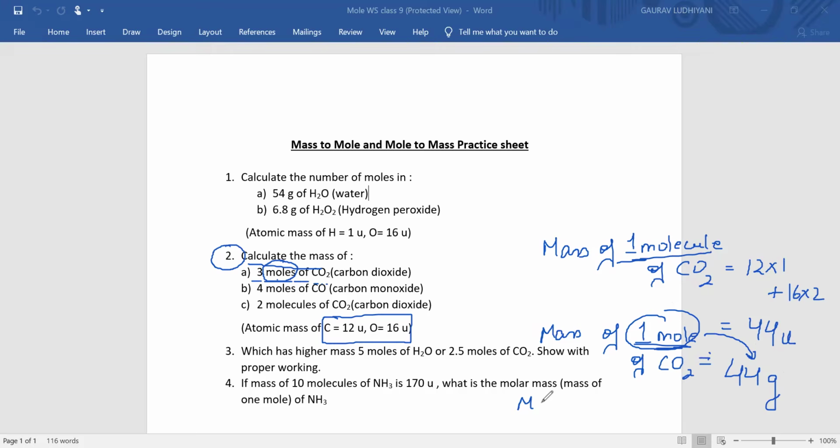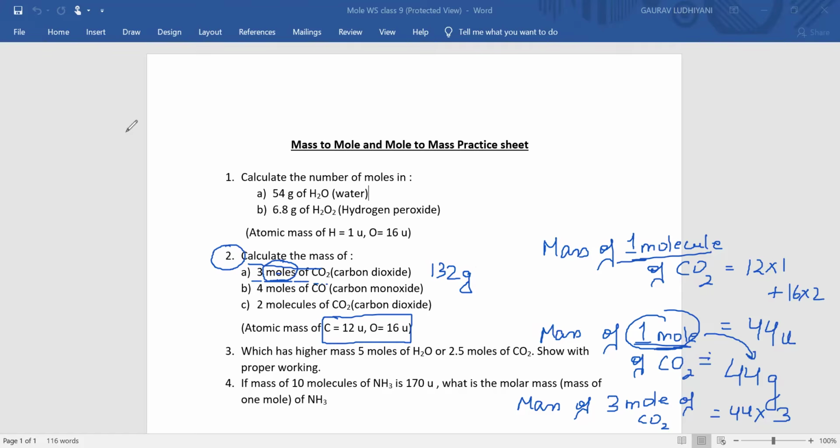So mass of 3 moles, simple mathematics, would be 44 into 3. And that calculation is going to give me 132 grams, because I'm dealing in moles, I'm dealing in bulk, I'm dealing in a lot of molecules. So the answer will come out to be 132 grams.